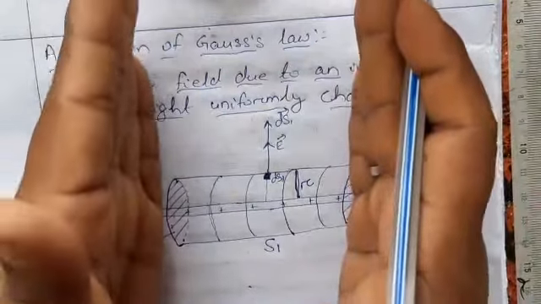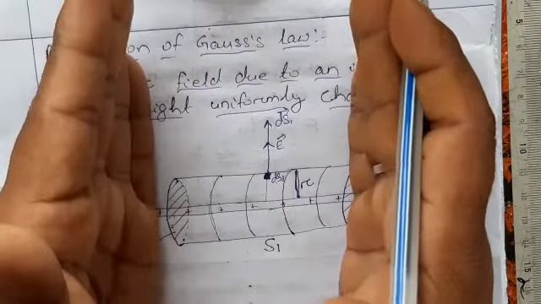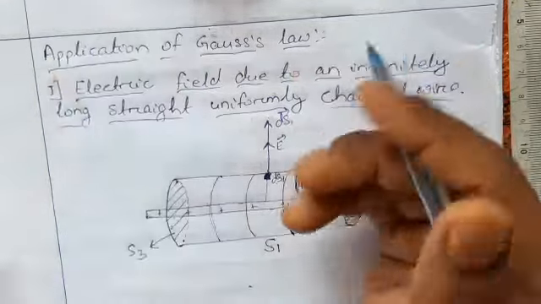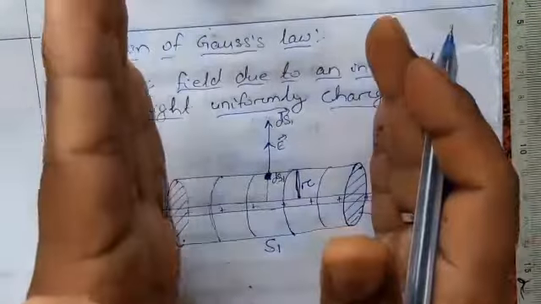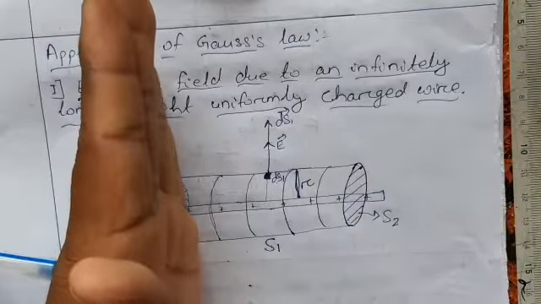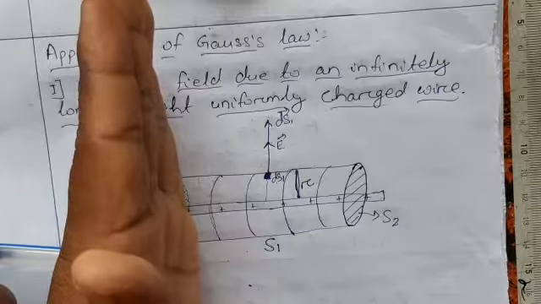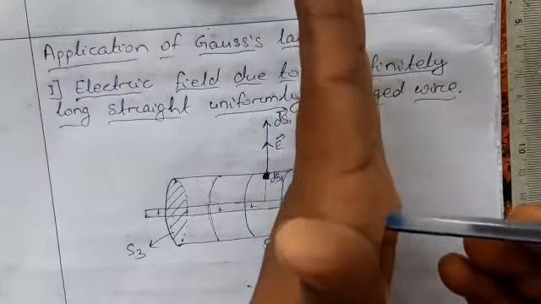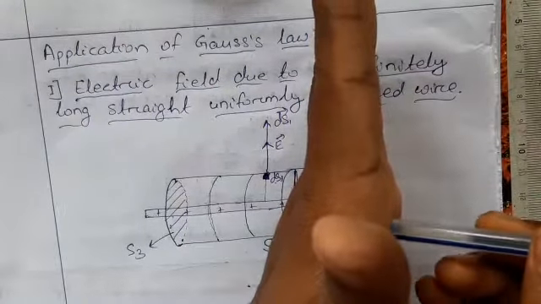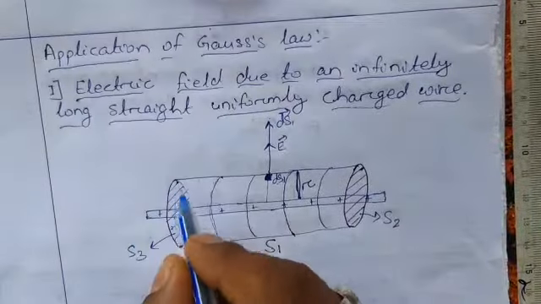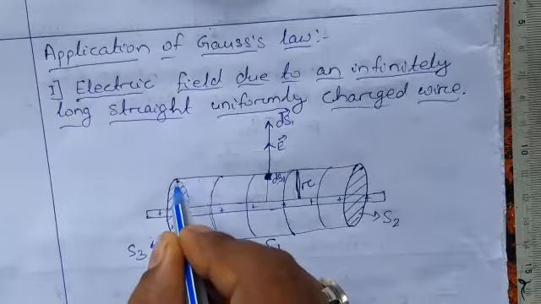Now I will take the up and down circles. In this circular section, the direction of the area vector is always outward from the closed surface. So I will take here a small surface.